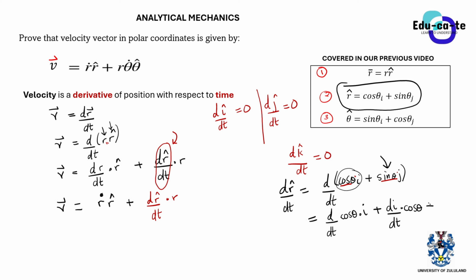This will be plus the derivative with respect to time of sine theta, then you multiply this by j without differentiating it, then this will be plus the derivative of unit vector j with respect to time, then you multiply this by sine theta without differentiating it.